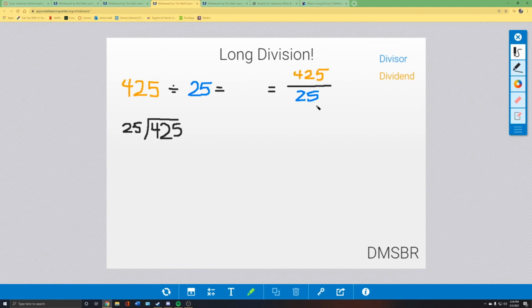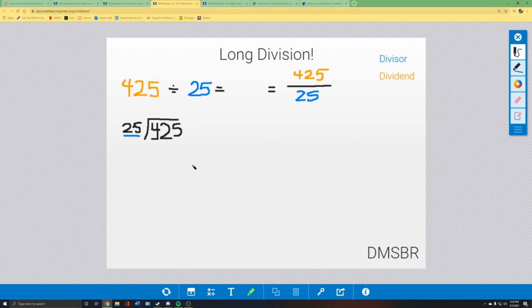As you divide fractions quite frequently, you just probably won't use long division. Alright, let's get into this. The divisor, 25, will go into 425, but unlike most problems, you start at the beginning instead of the end.